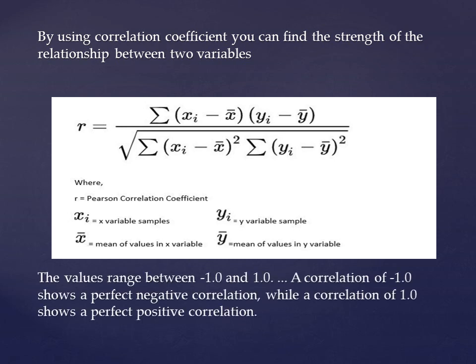The value range is -1 to +1. A correlation of -1 shows a perfect negative correlation, and +1 shows a perfect positive correlation.